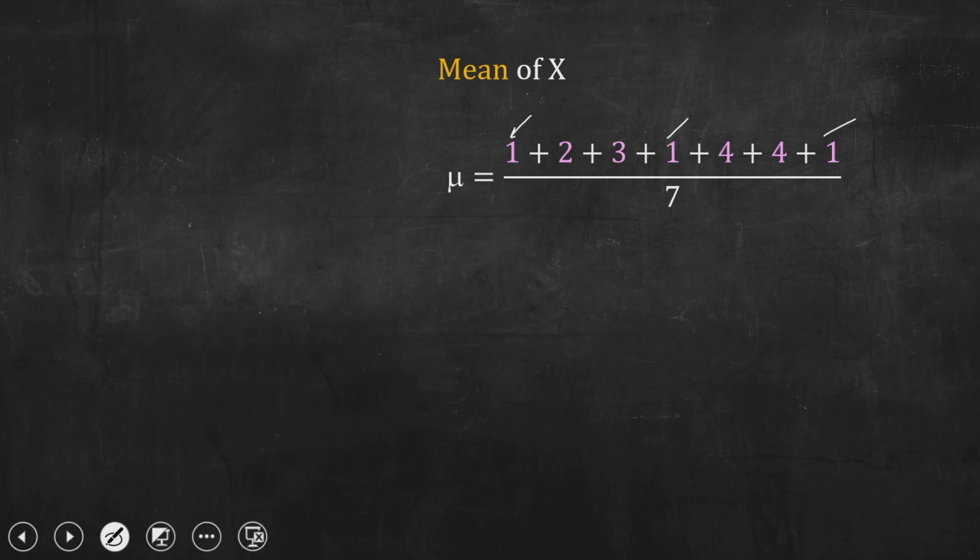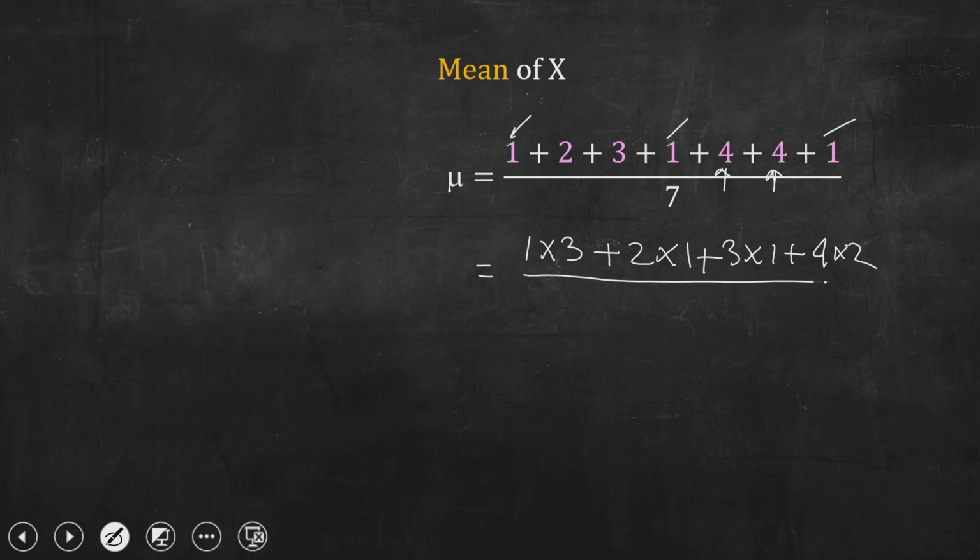I have two 4s, and 2 and 3 come only once. So, I can rewrite this as 1 coming 3 times, plus 2 coming 1 time, plus 3 coming 1 time, plus 4 coming 2 times, and I divide this whole thing by 7.